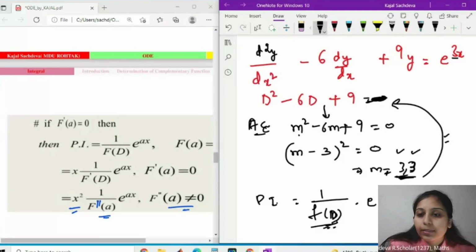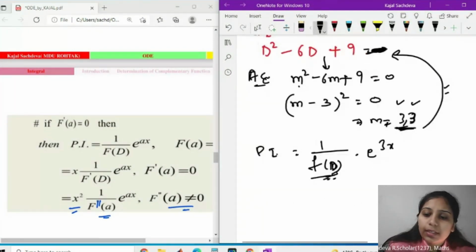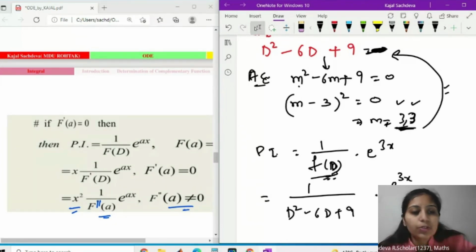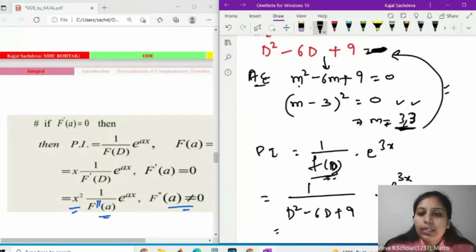So in this case, how do we proceed? We just take the derivative and multiply by x. We have 1/(D² - 6D + 9) times e^(3x). Put D equal to 3, we get 9 - 18 + 9, which is 0. In case of failure, we take the derivative here.